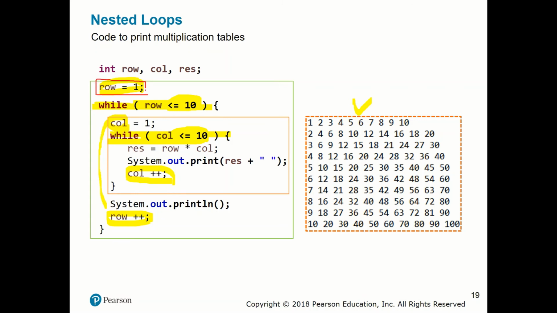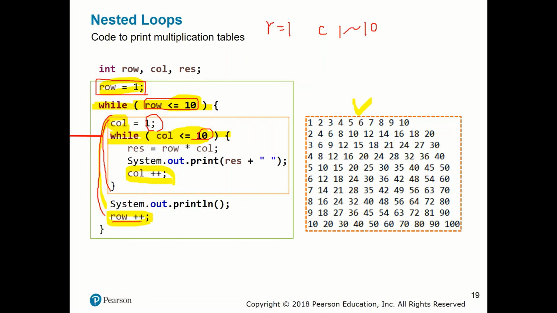When row is 1, this is true, so this part will be executed. At that time, the inner loop will be executed 10 times, right? So when row is 1, then col becomes 1 to 10, like this.